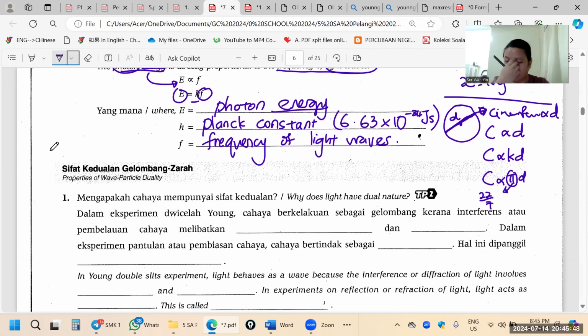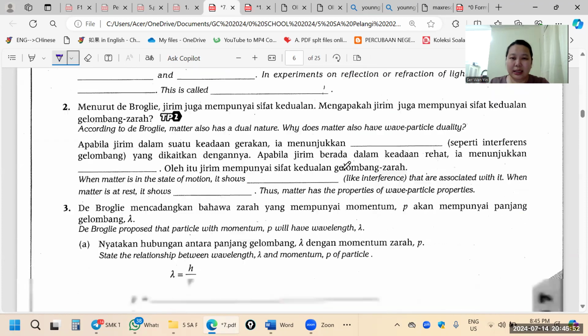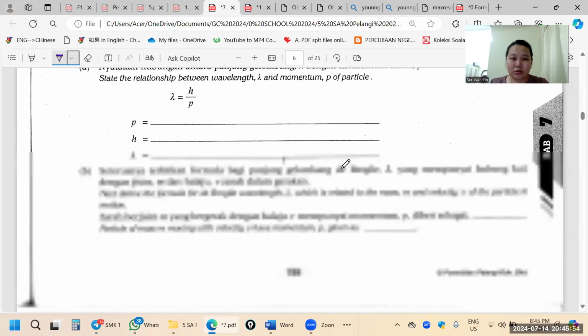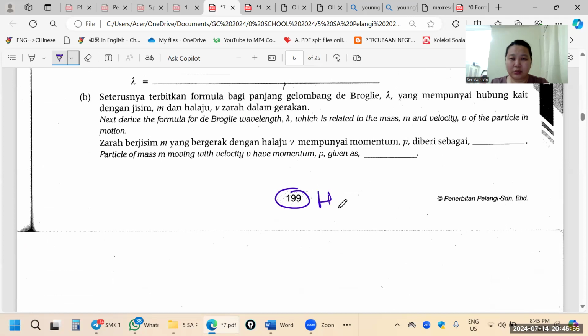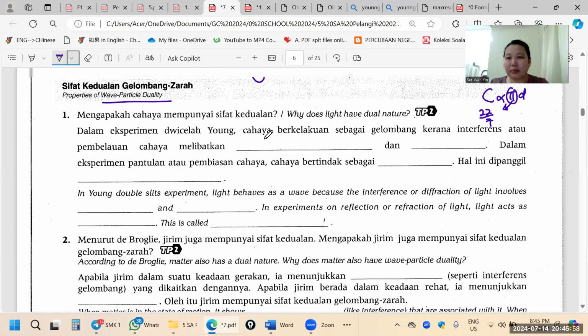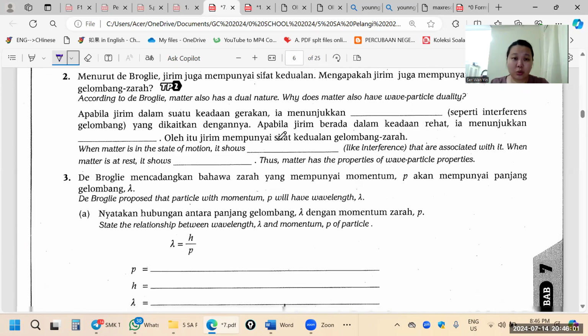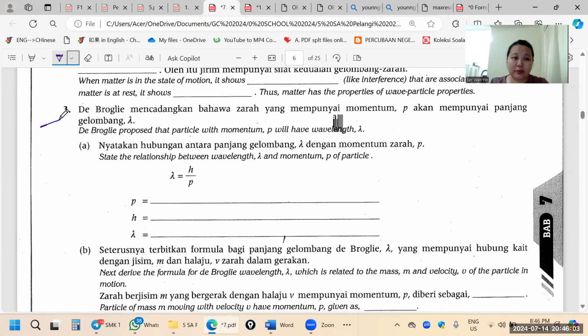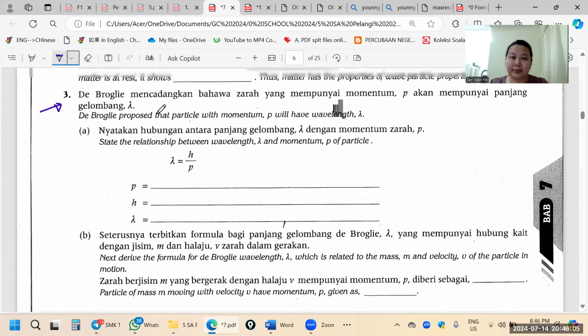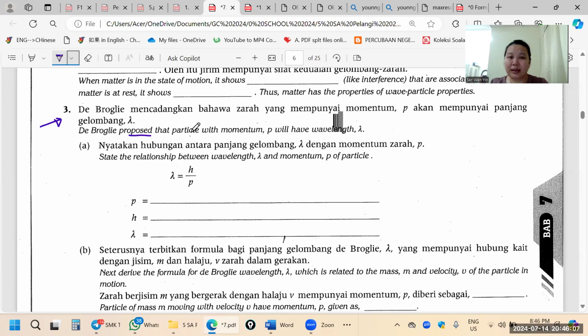Then the properties of wave-particle duality. This one you do as your homework. Then look at number 3. De Broglie proposed that particles with momentum p will have wavelength lambda.